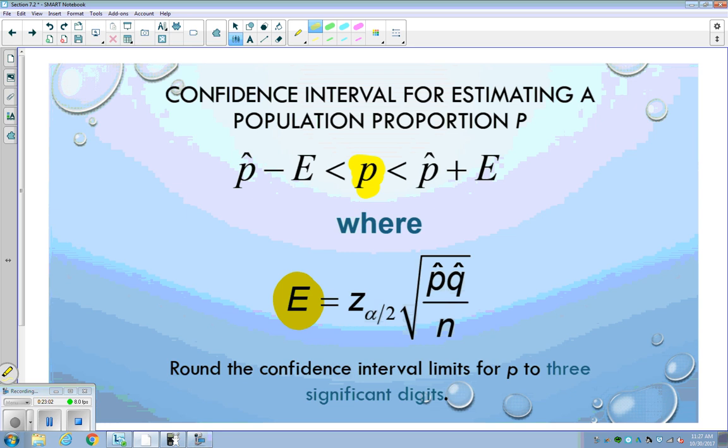Then we're going to take p hat, which is, again, the sample proportion. We're going to subtract the margin of error. Then on this side, we're going to take p hat and add the margin of error. Okay? Round the confidence interval limits for p to 3 significant digits.